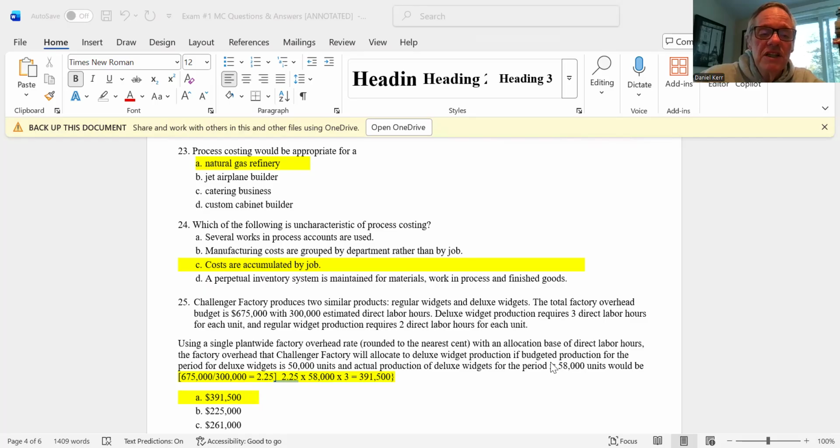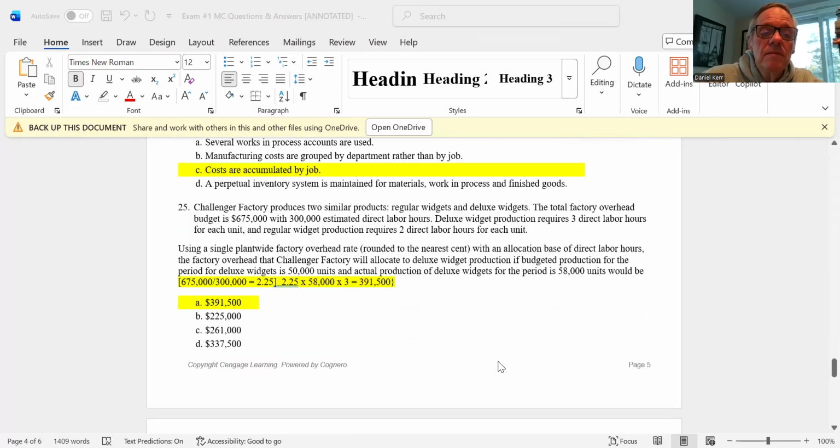So it's 675 divided by 300, so you get a rate of 2.25. Each unit of the deluxe widgets requires 3 hours of direct labor. So 58,000 units times 3 times 2.25 gives you 391,500. So the correct answer is A.